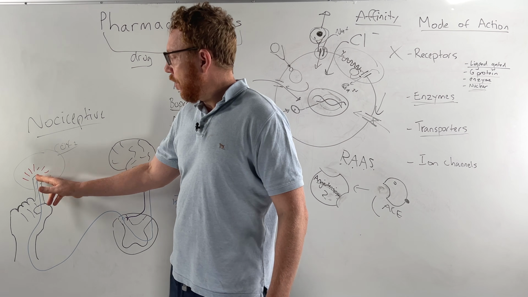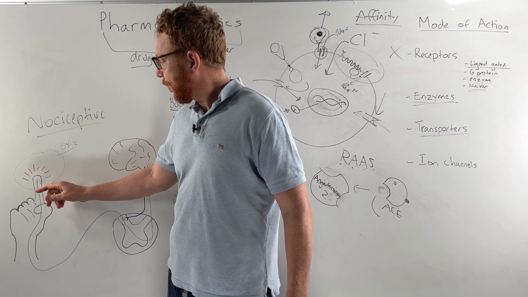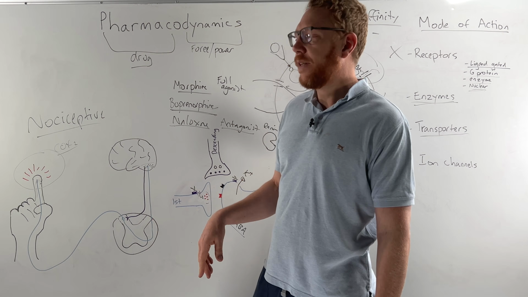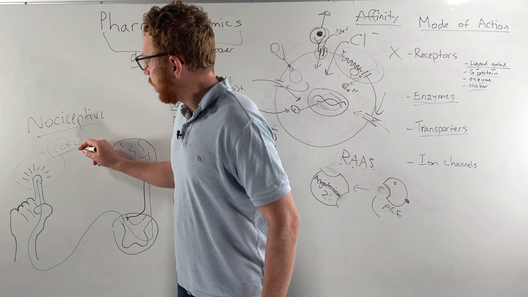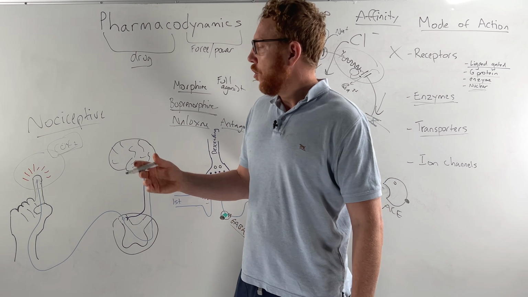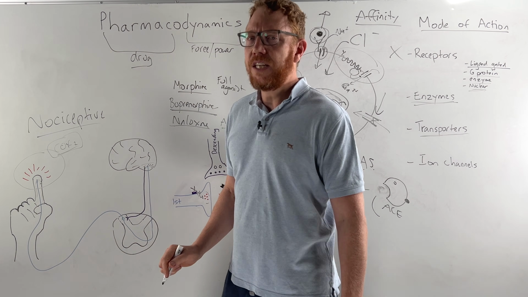What these then do is sensitize the nerve and start the signal down the pain pathway or the nociceptive pathway. So if you can block COX-2 enzymes, you can maybe reduce the pain sensitivity.